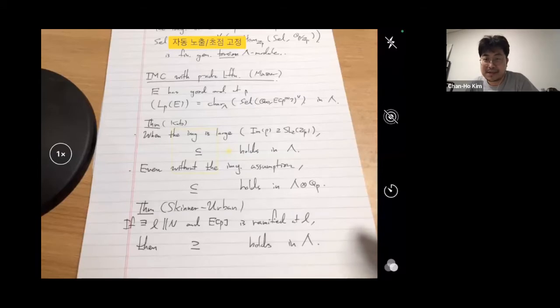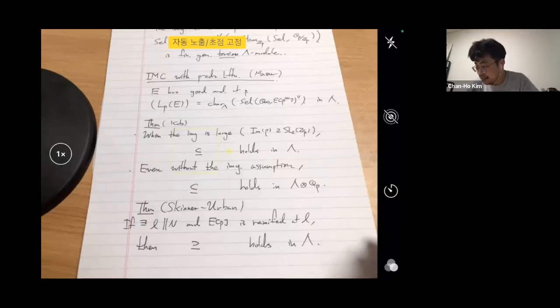One reason is that the Iwasawa algebra has a very good structure. For example, all these characteristic ideal steps exist because lambda is a very good ring. And if you consider just a finite extension, then that group ring is really horrible. It's really hard to control. And of course, there is no good Iwasawa theory of the finite layer group ring, and the only way to formulate the conjecture is to use the Fitting ideal.